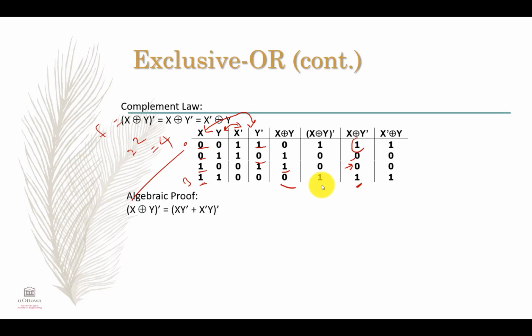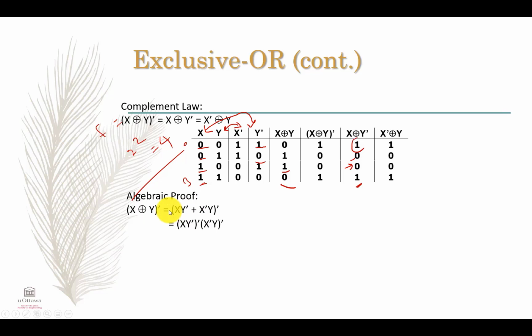If we want to prove it using the algebraic proof, what I have to do is take x exclusive OR y, and you remember how we can rewrite it. That's x y prime plus x prime y, and the whole term is complemented. Now I can use DeMorgan to insert this complement into each term here.